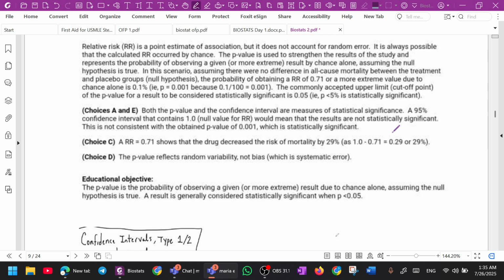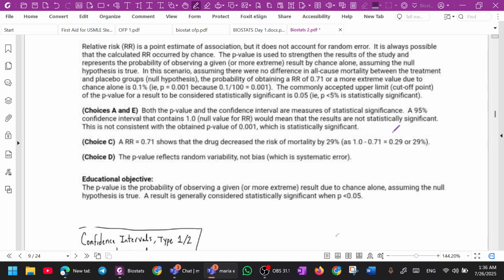In this scenario, assuming there were no difference in all-cause mortality between the treatment and the placebo group, the null hypothesis, the probability of obtaining a relative risk of 0.71 or a more extreme value due to chance alone is 0.1%. P equal to 0.001, because 0.1 divided by 100 is 0.001. The commonly accepted upper limit cutoff point of the p-value for a result to be considered statistically significant is 0.05. P less than 5% is statistically significant.